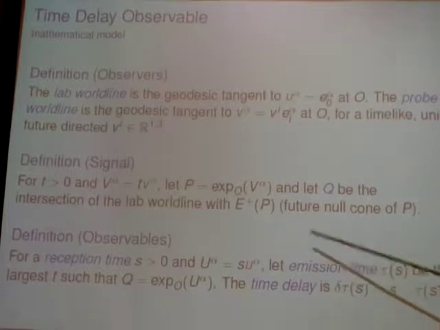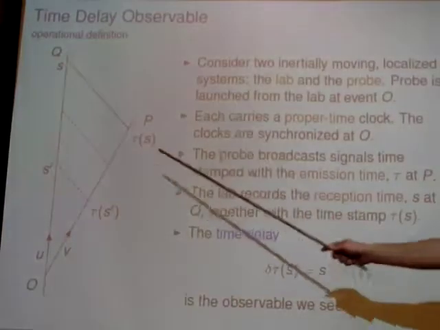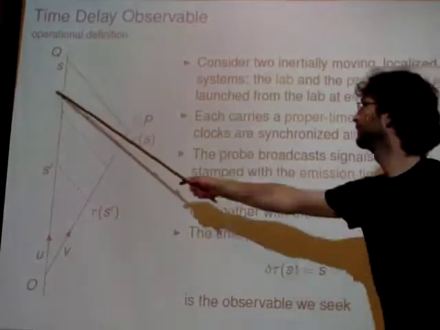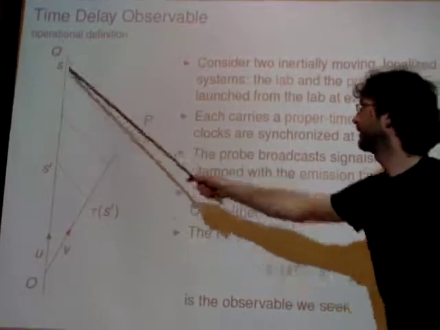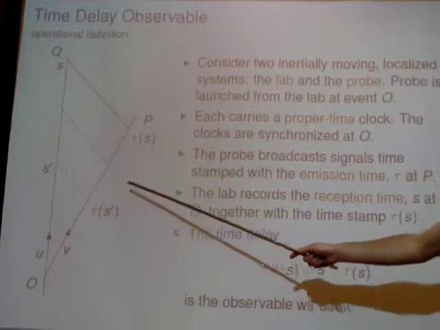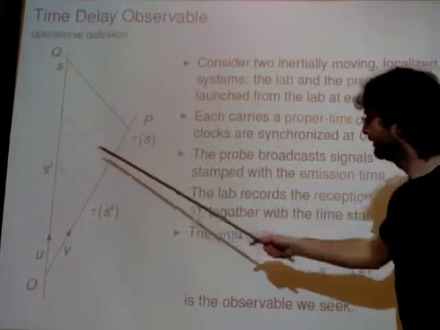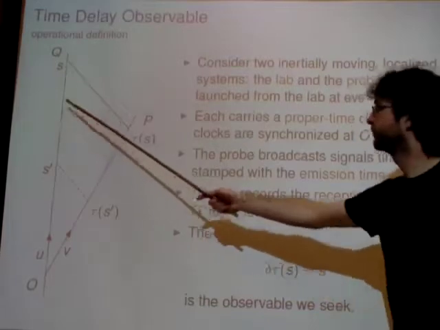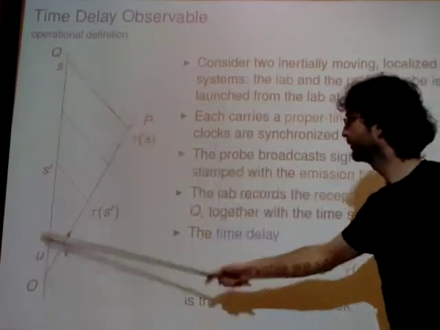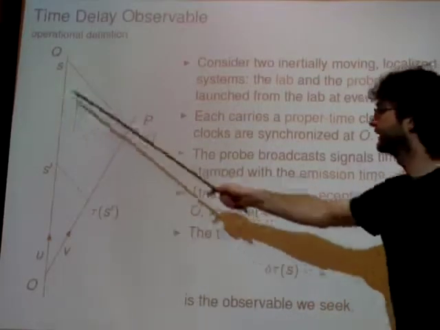So if you go back to the picture here, and if I specify two points, any arbitrary two points, I can always draw a geodesic between them. And these points are labeled by proper times from point O. Most of them are not connected by null geodesics.